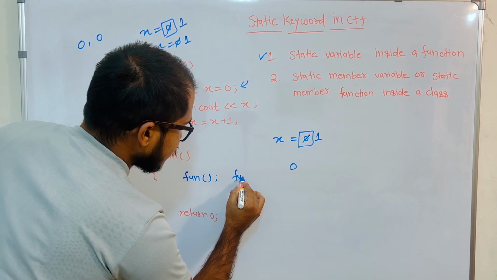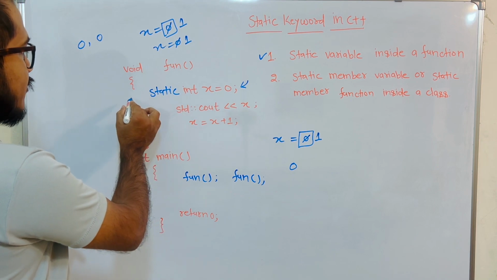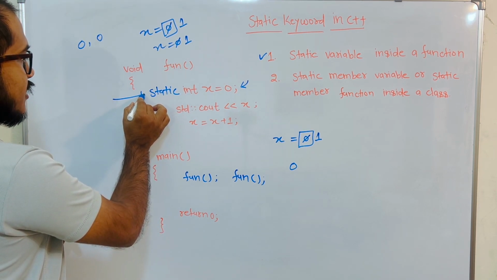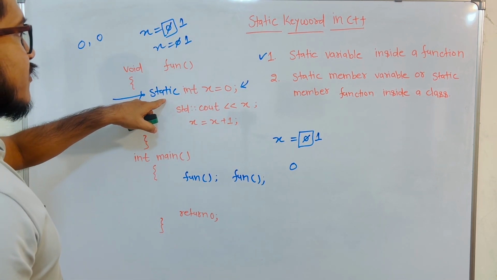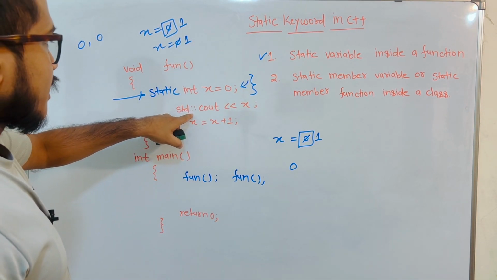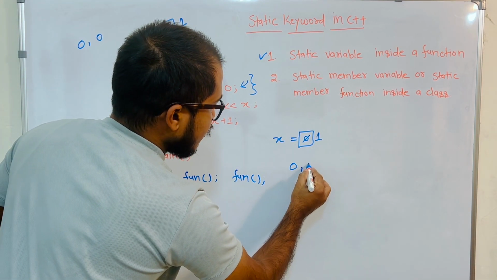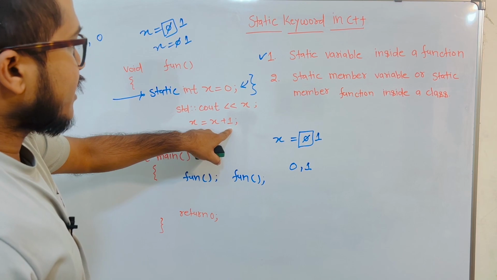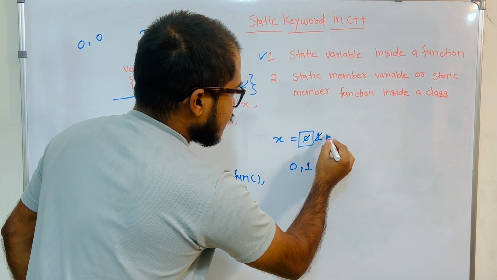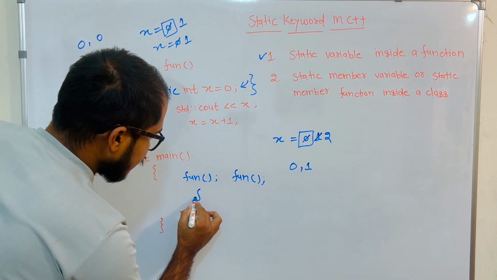And again I will call this function, let's say fun. Now I will not reinitialize x with 0. Instead, I will skip the reinitialization. So I will print the value of x, that is x equal to 1, and I will again increase the value by 1, that is 2. Again let's say I am calling the function fun.